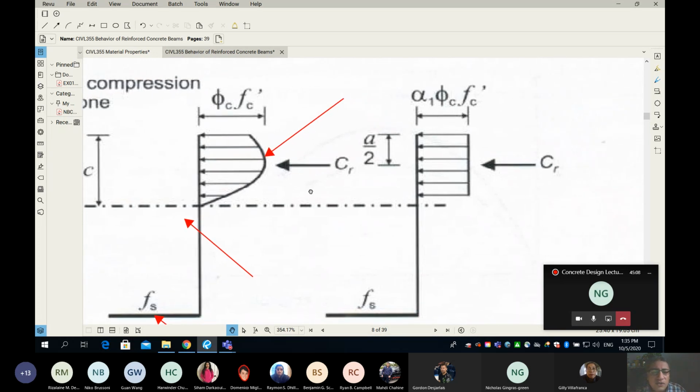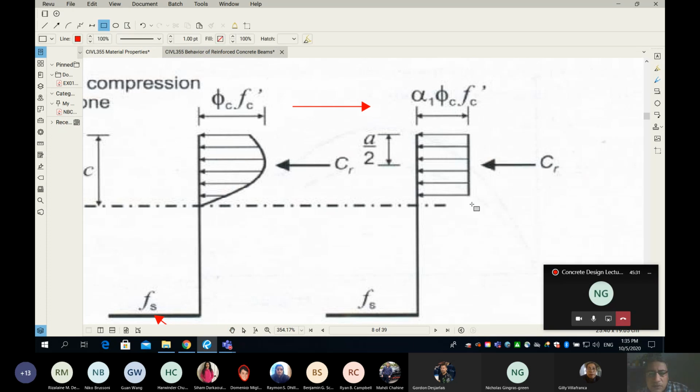Now, let me ask you, let's say I do some magic and I'm able to convert the left to the right. Do we have any mathematical advantage if we are able to replace my parabolic shape by a rectangular shape?